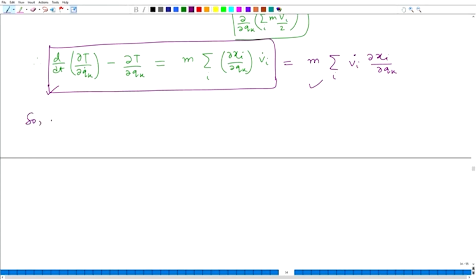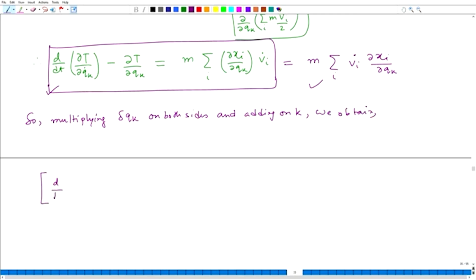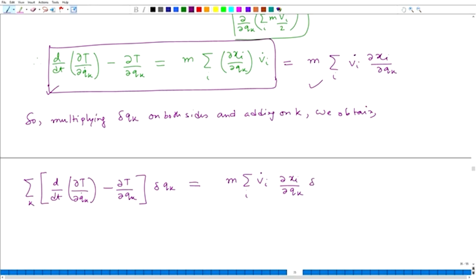So multiplying δq_k on both sides and adding over k, we obtain d/dt of ∂T/∂q_k dot minus ∂T/∂q_k, times δq_k, summation over k, is equal to m summation over i v_i dot ∂x_i/∂q_k times δq_k, and then another summation over k.